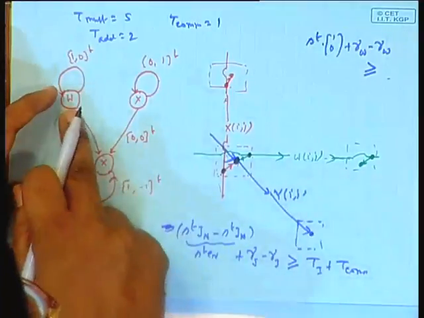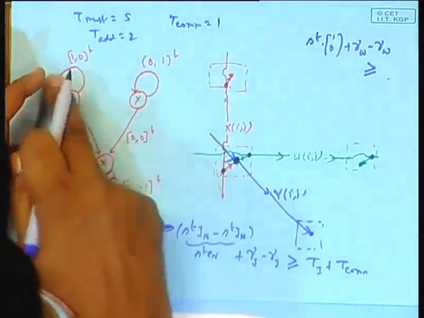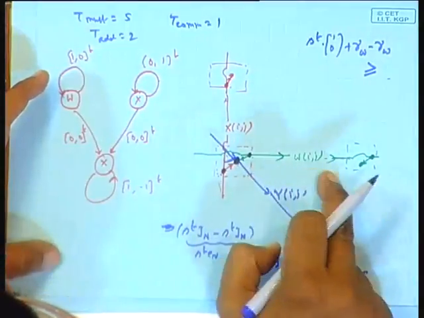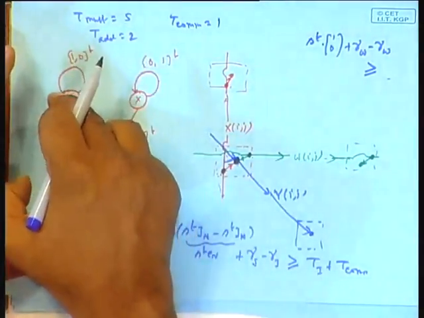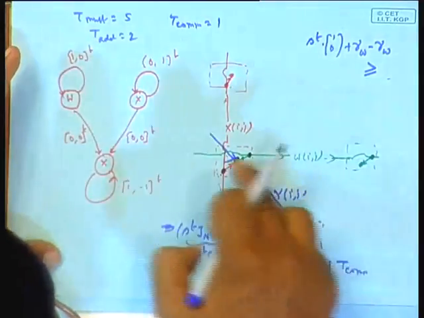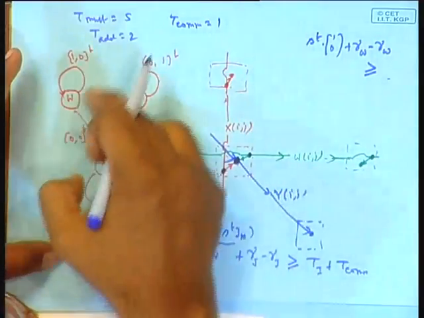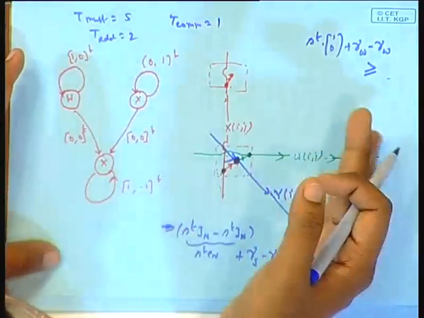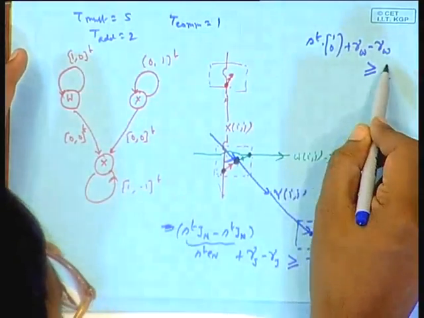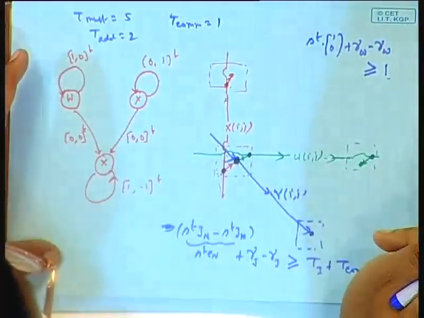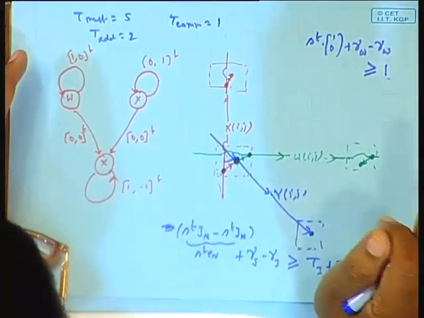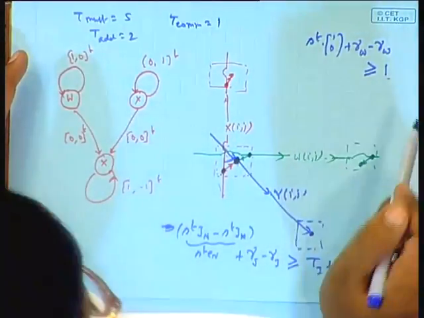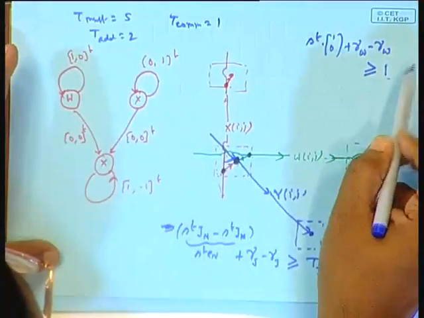In this case, this does not require any computation, only the propagation delay in this edge, which is captured by this edge. This edge in the real DG is captured in the state diagram like this, but the propagation time is there. So, that means this must be greater than or equal to 1. Okay, this one equal, but gamma w minus gamma w cancels.